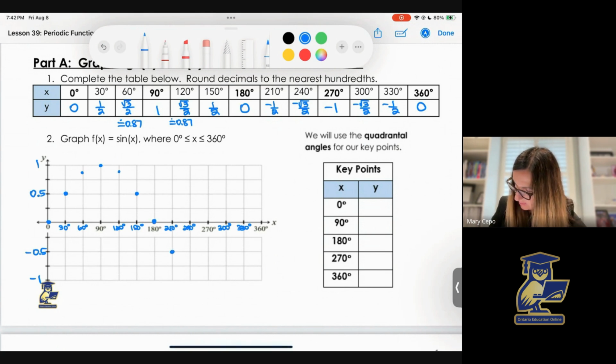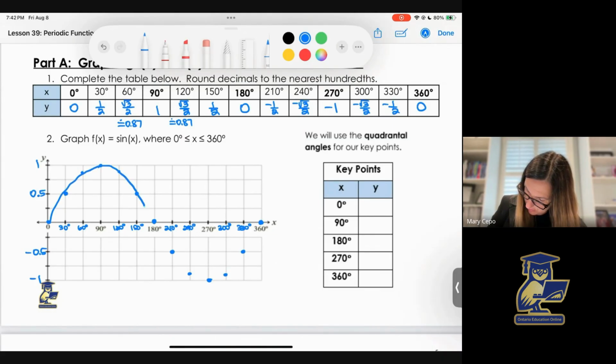Then we're at negative 0.5, negative 0.87, negative 1, negative 0.87, negative 0.5, and 0. What you notice is we have a nice smooth curve like such. So this would be f of x is equal to sine of x.